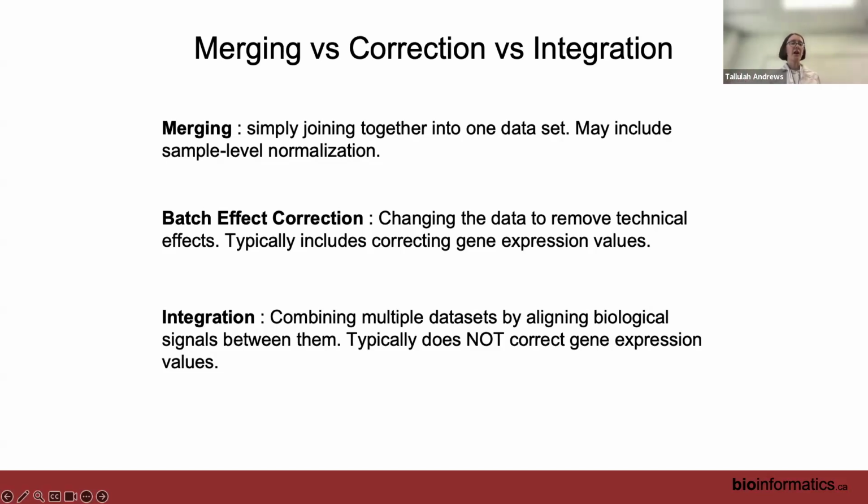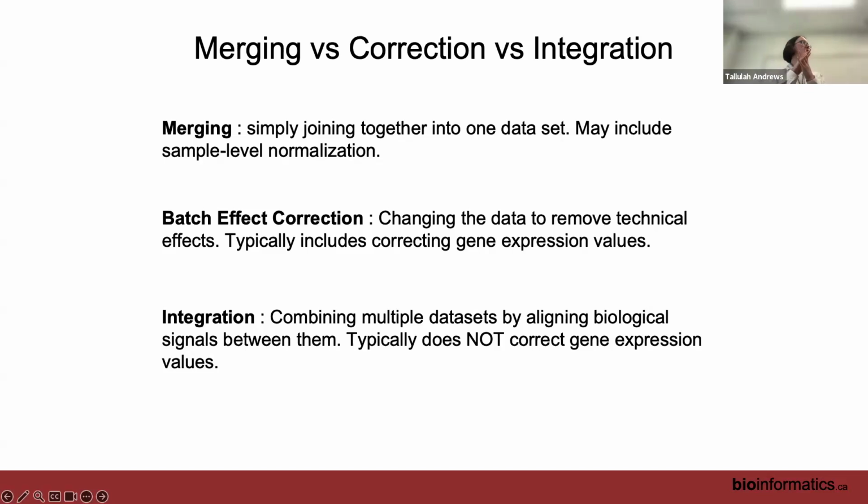You can do batch effect correction, which should really refer to when you're actually correcting the gene expression values to get your data sets to merge together, and you're actually removing the batch effect from your gene expression values. And there's your data integration, where you're merging together your samples, but you're not changing the gene expression values.